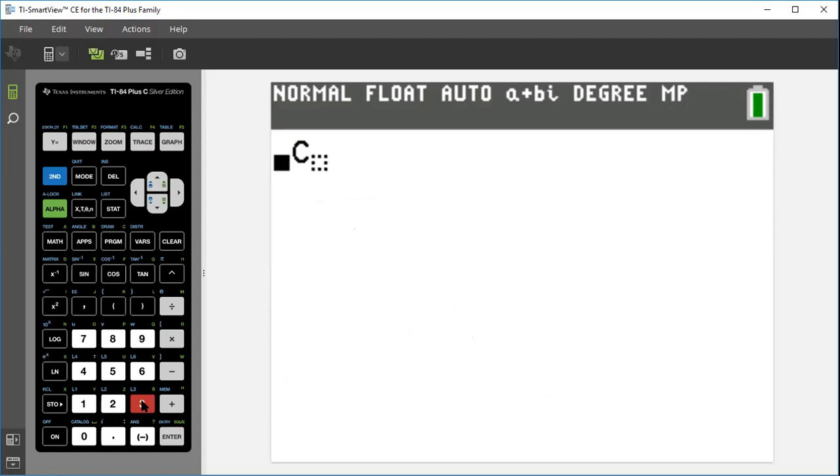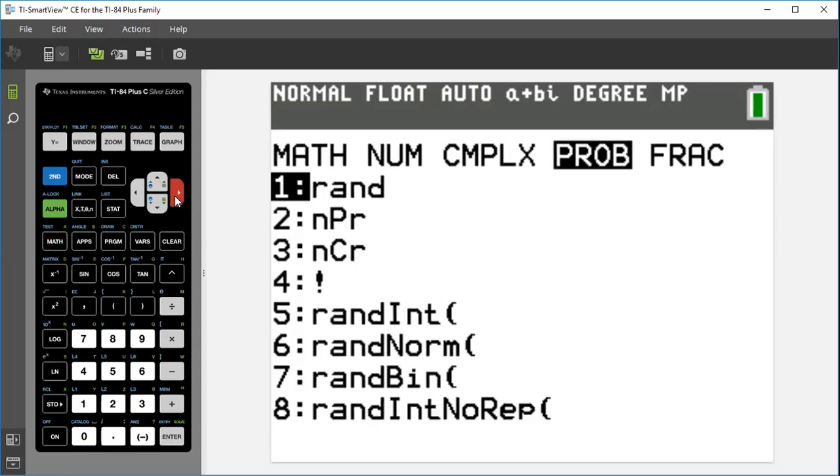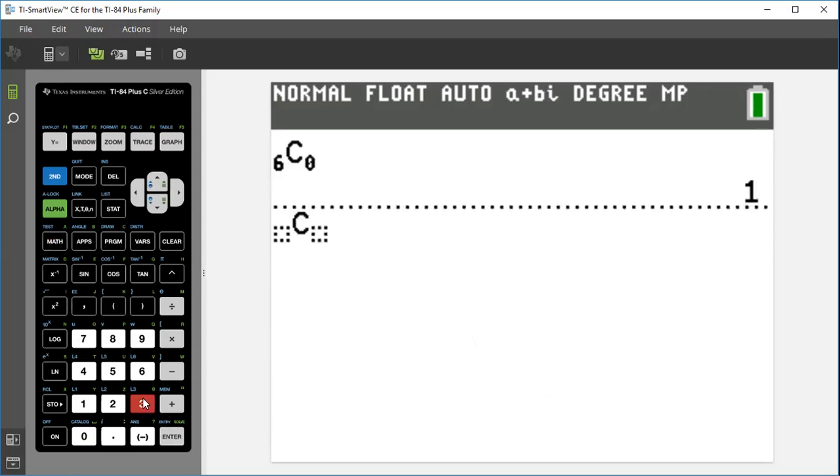And you're going to type in, our first one was 6 choose 0, and then you hit enter. And now you do it again. So math, over to probability, choice 3, 6 choose 1. Enter. And then do it again.